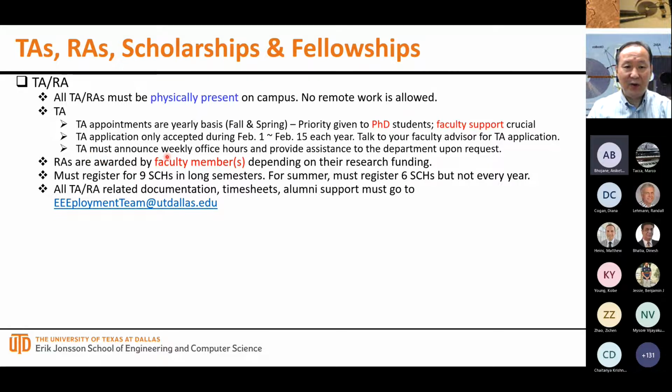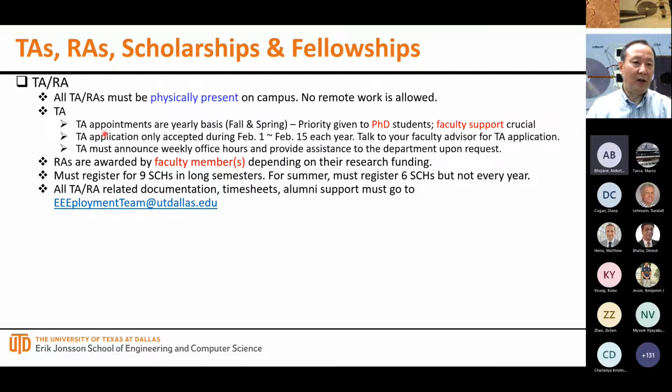TAs must announce weekly office hours and provide assistance to the department upon request. RA-ships are awarded by faculty members depending on their research funding, so you absolutely need to contact faculty of your research interest if you want to be an RA.